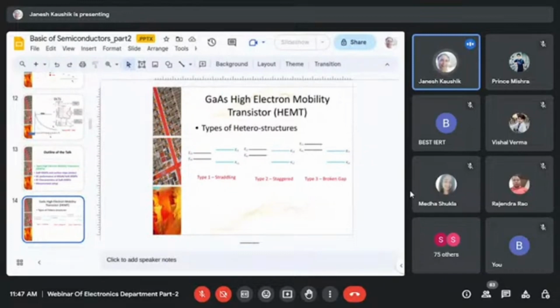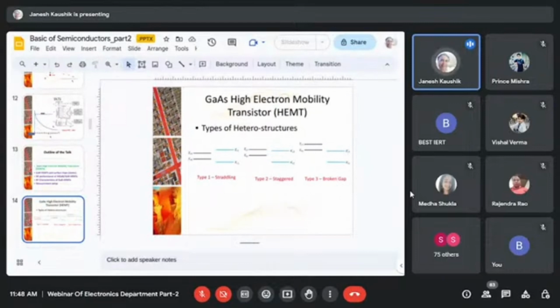If you plot a straight line between the band gap of gallium arsenide and aluminum arsenide, that gives the approximate band gap of aluminum gallium arsenide depending upon the alloying percentage of the aluminum.